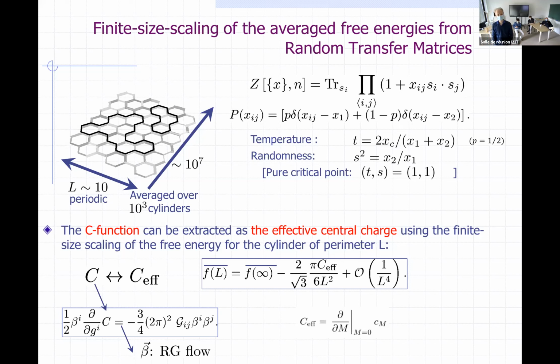This was discussed in my thesis a long time ago, maybe even before. So there are indeed finite size corrections, and it's those finite size corrections that are used to measure this effective central charge. Sorry, again, where is it coming from? Can I explain?